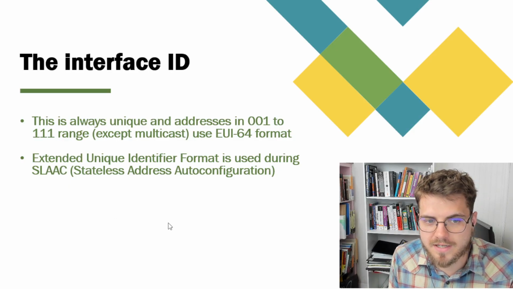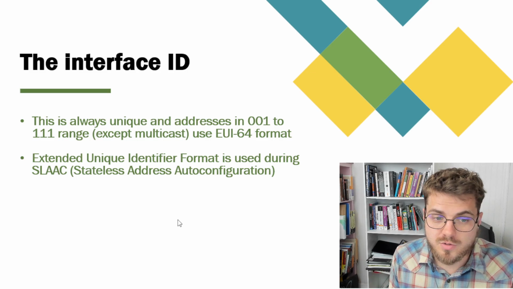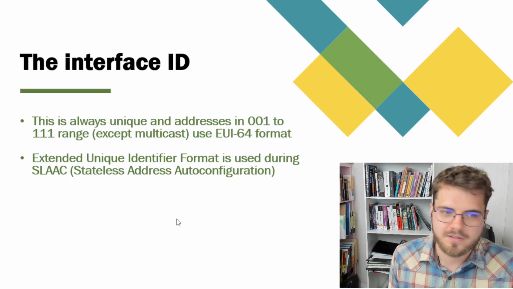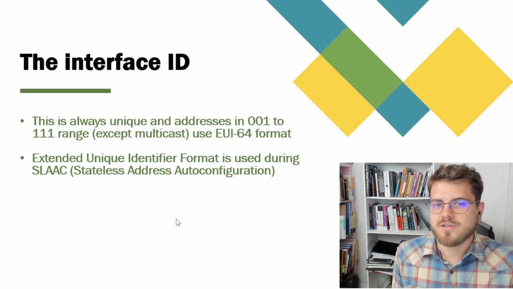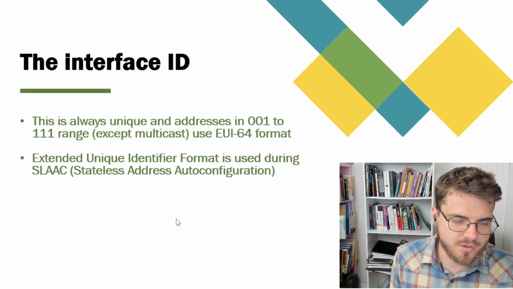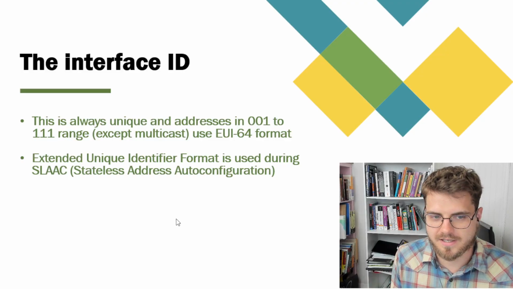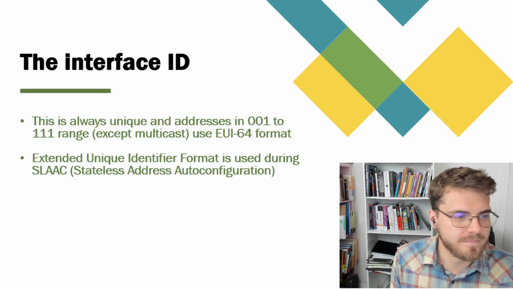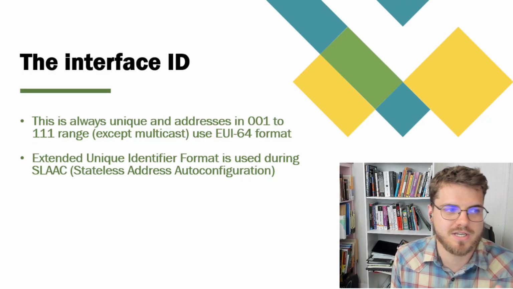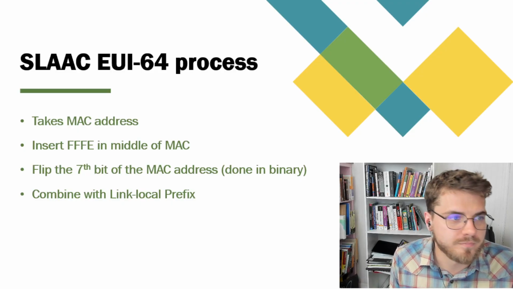So the extended unique identifier format is used during the stateless address auto configuration, or SLAAC. You don't really need to know how this works exactly, but it is nice to know because like it says, it's auto configured. But if you just want to understand it, I'm going to explain it as briefly as I can where it makes sense.